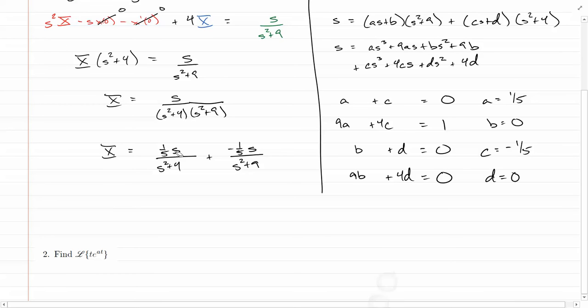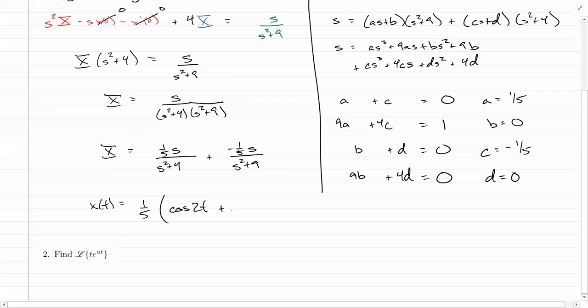Now we're at a point where we can figure out the inverse Laplace transforms of each of these pieces. That means that the actual solution x of t is going to be, let's factor out the 1/5, and then the inverse Laplace transform of s over s squared plus 4, that's going to be cosine of 2t, because that looks like the cosine of kt where k is 2.